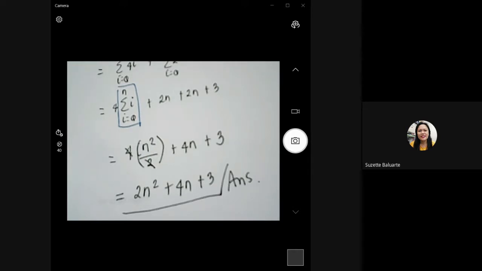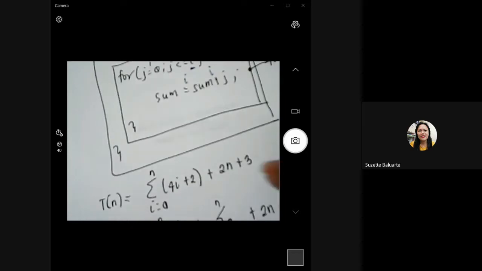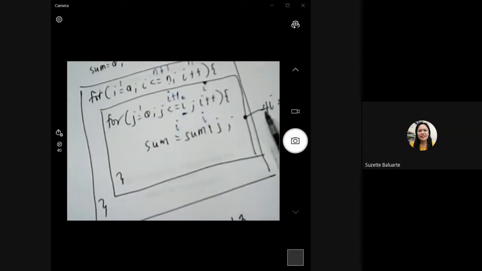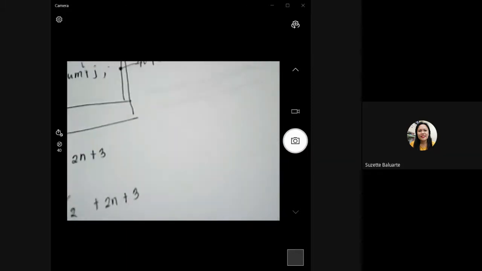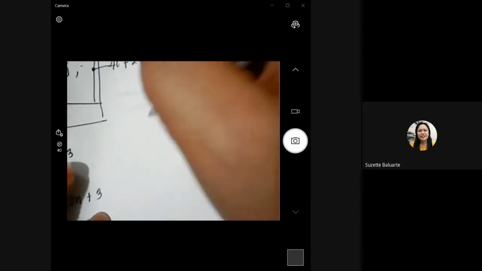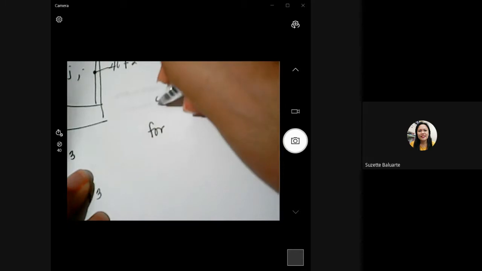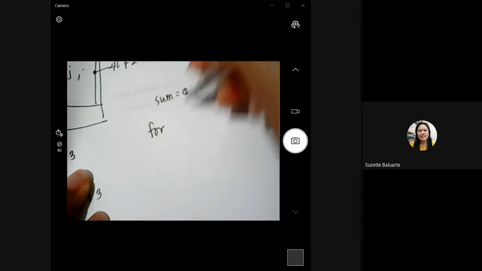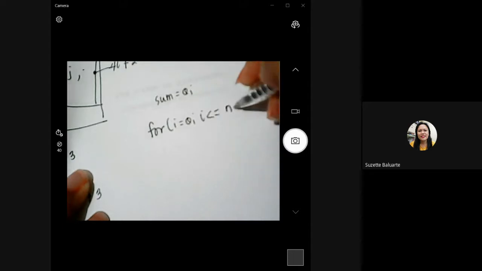Okay na, so sige. Kindly get a pen and a paper. Tapos, sa work, ako na lang isulat sa kilid para mas limpyo. So it would be sum is equals to 0. For i is equals to 0, i less than or equals to n, i plus plus.